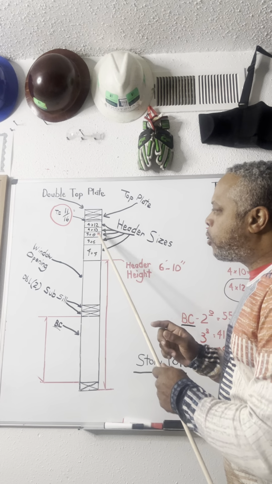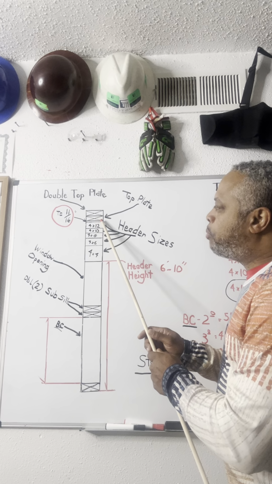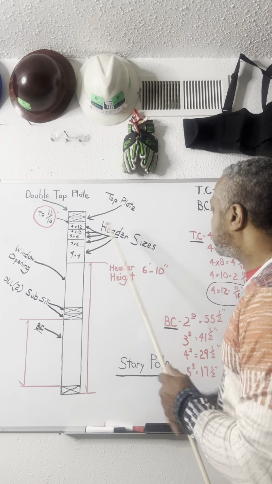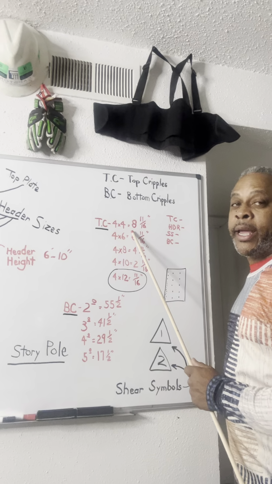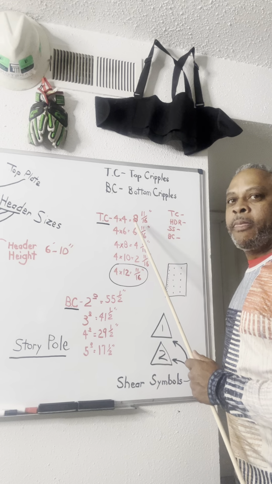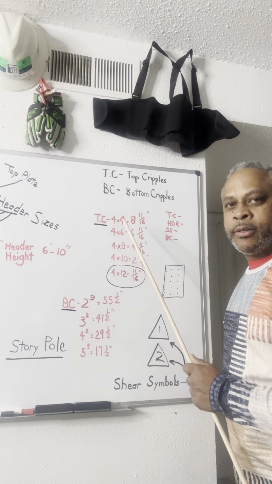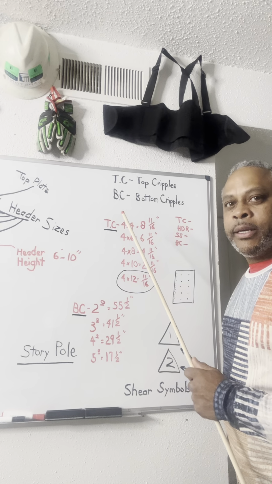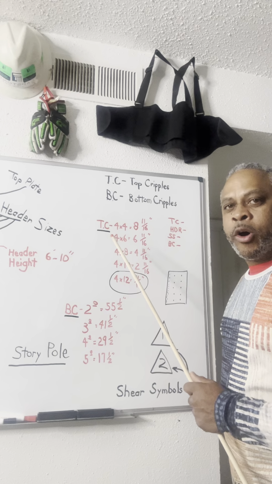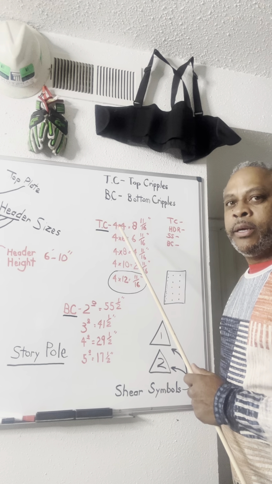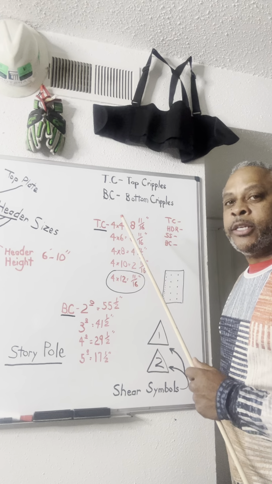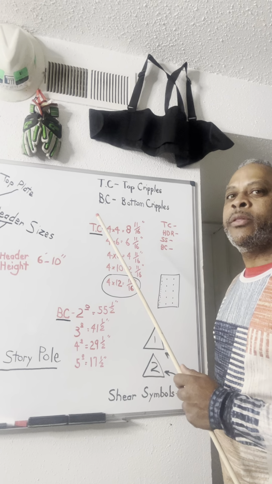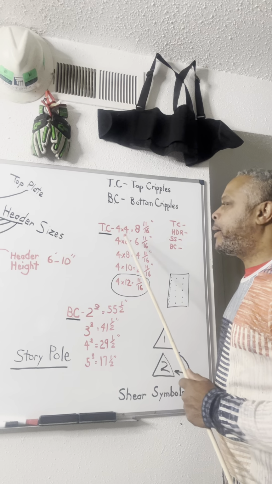For my 4x4, if I measure from the bottom of my top plate to the top of my header, I will come up with 8 and 11/16, or 8 and 5/8, which we did break down in my earlier videos. 11/16 is always going to be 11/16 as a fraction, but 10/16 is equivalent to 5/8. 5/8 and 10/16 are the same measurement. 4x6.